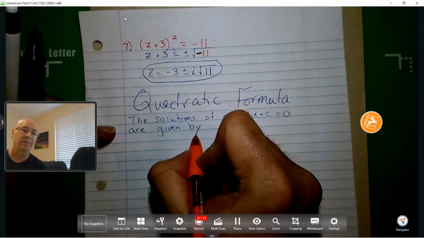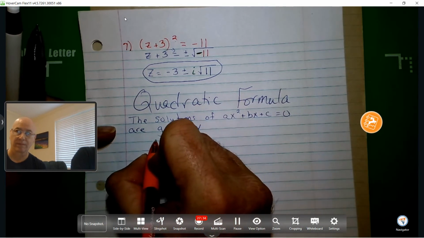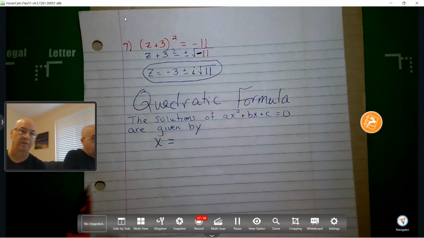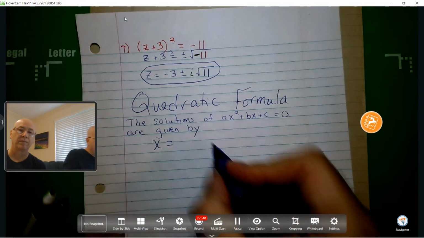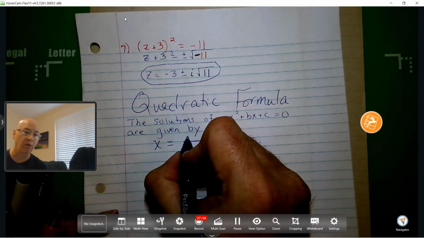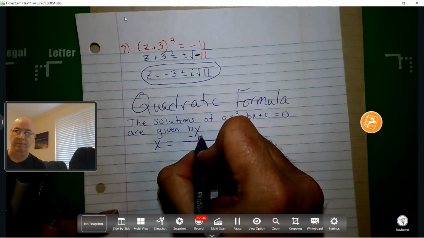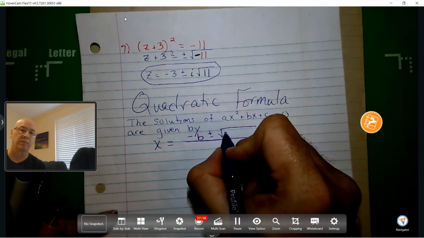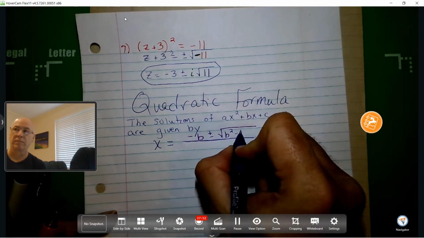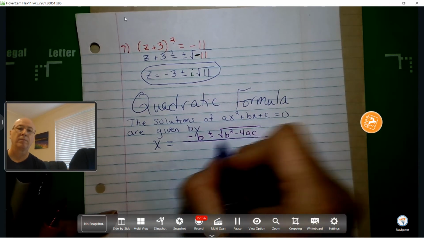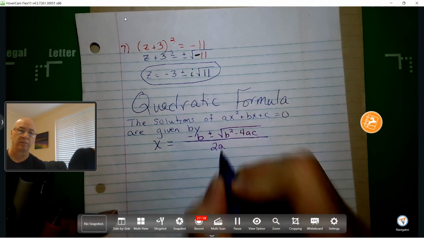If someone says state the quadratic formula, what they're probably wanting you to say is x equals what I'm about to write right now. Here's the fraction part. Negative b plus minus the square root of b squared minus 4ac all over 2a.